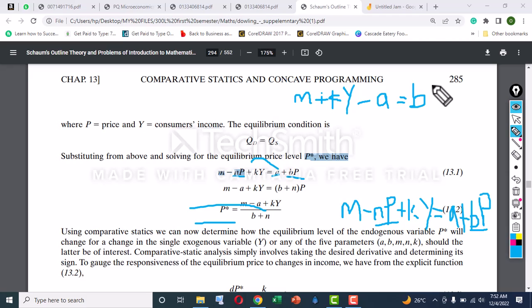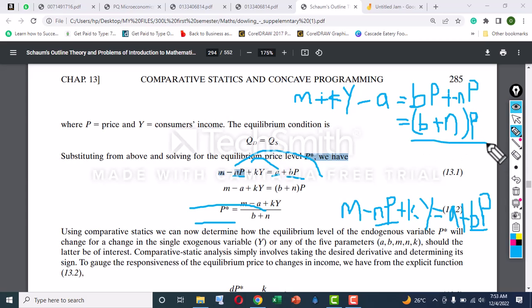The sign of bp is not changing because it's not moving, but mp, I move it here, so it changes to plus np. So we factorize: P is common there, just bring P out, b plus n. By the time you expand, you'll notice that b times P gives you bp, and n times P gives you np. So we are still doing the same thing.